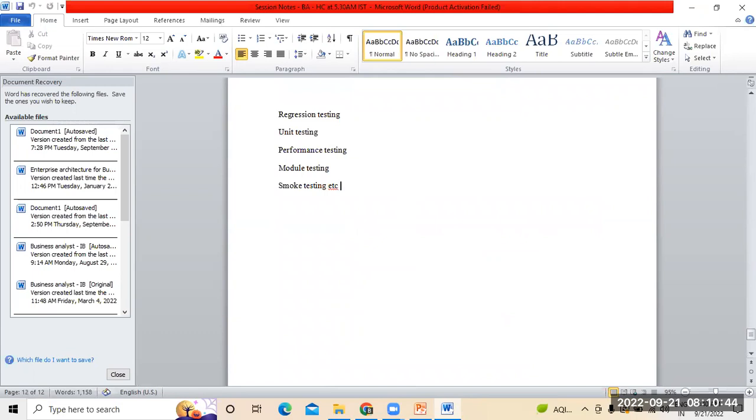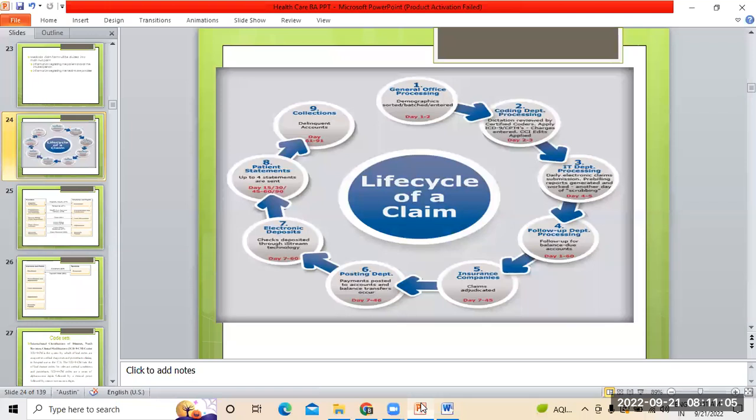Right. So the claim processing life cycle steps are as follows. Okay, I'm typing here so that you can understand. The first one is called general office processing, the first step.